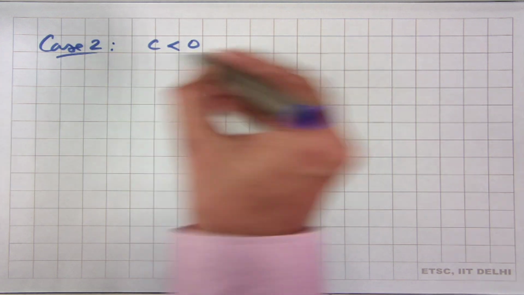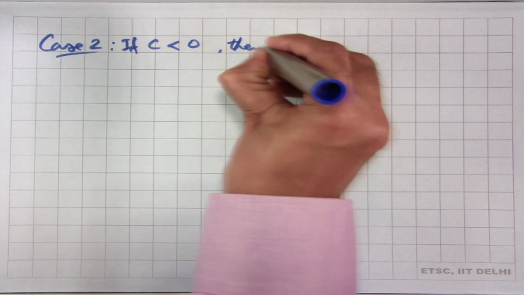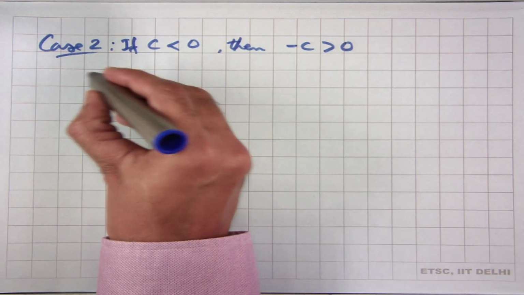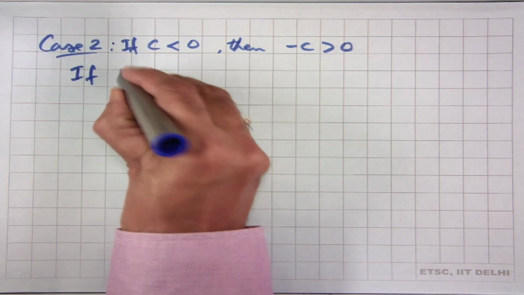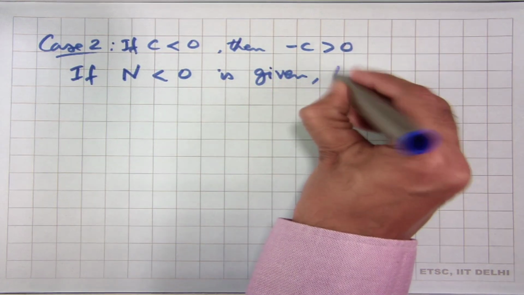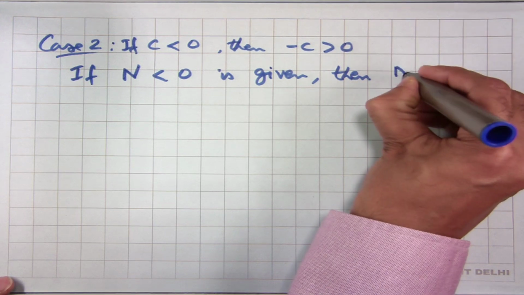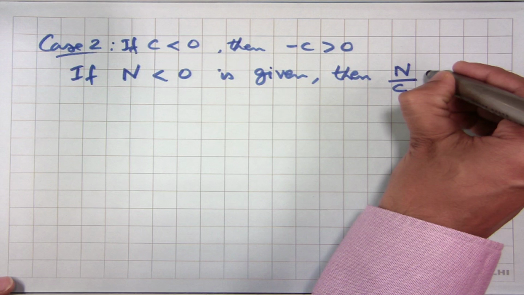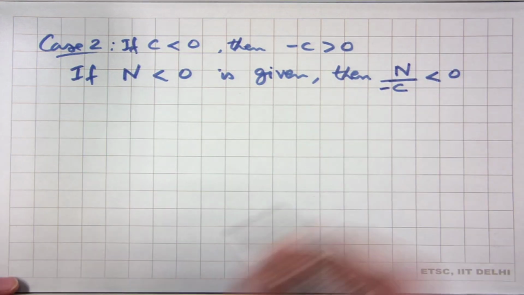So, then minus c becomes positive, and therefore, if we have n less than 0 given, then if I write n by minus c, this is again negative because n is negative and minus c is positive.